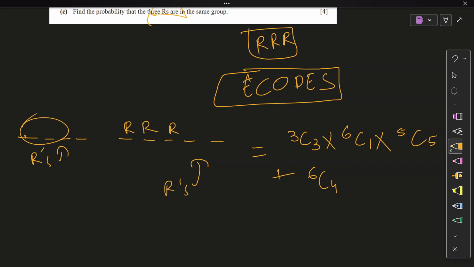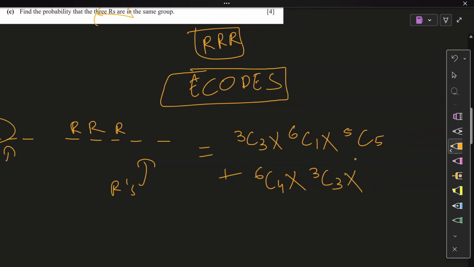This group is filled. Now, moving on to 3C3 because all the R's are used. And lastly, that's 1, 2, 3, 4, 5. Two positions left, and in this box I had two remaining because 4 out of the 6 were placed. Two remain, and those two positions will be taken by them.